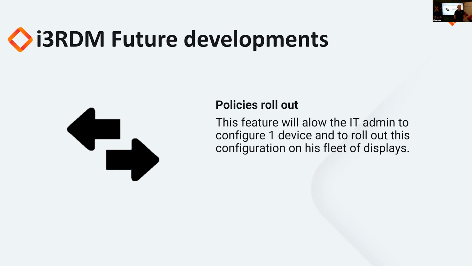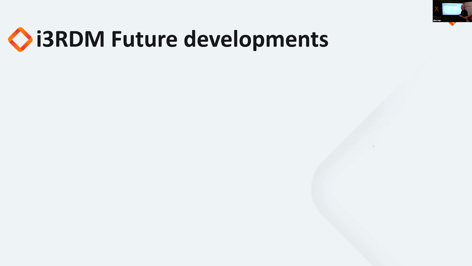So if you have 50 new displays, you don't need to configure them one by one. You just roll out the same settings to the other ones. So also here a big time-saving feature for IT administrators.